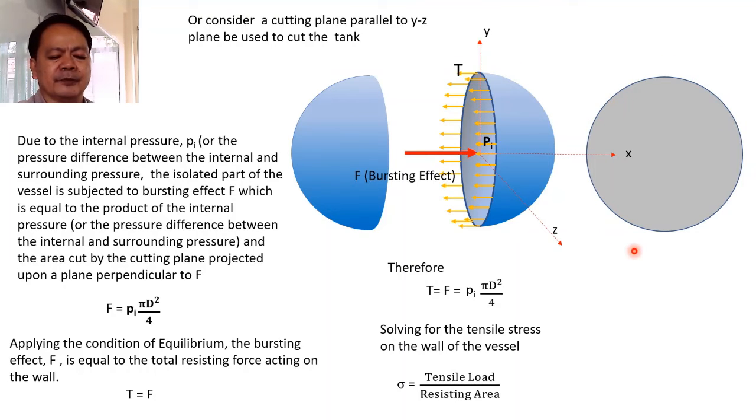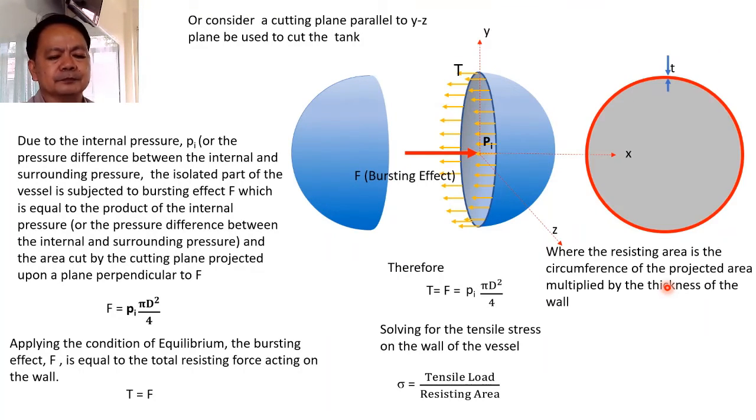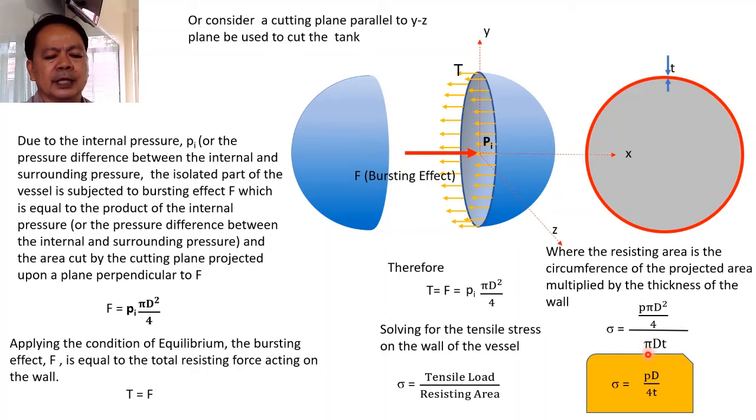The circumference of the circle is defined by pi times d, so the resisting area is the circumference multiplied by the thickness of the wall. When this is substituted in the formula, you have P times pi d squared over 4 multiplied by pi d t. Pi will cancel as well as d, and you have a formula equal to pd over 4t.